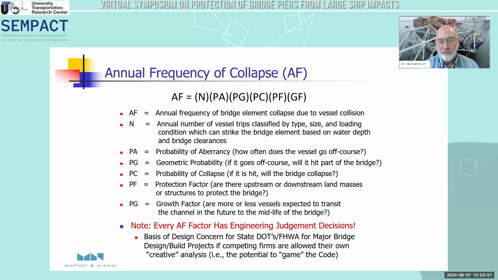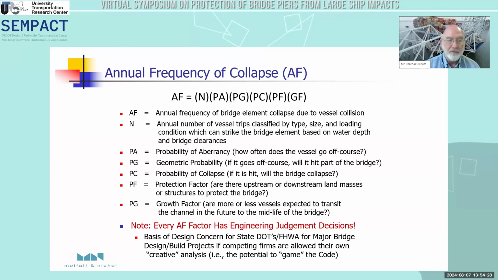I've highlighted in the red at the bottom, I guess one of my pet peeves. Every one of these factors has an engineering judgment associated with it, though they have sub-equations. At the end of the day, the engineer needs to make a reasonable, common sense decision on certain things that go into the analysis. And this is a basis of design concern to me for state DOTs and federal highway for major bridge design build projects.